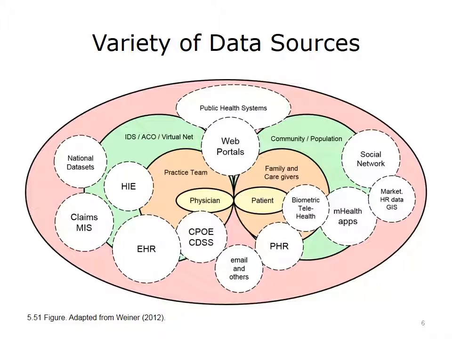Web portals for patients and families. Personal health record, PHR systems. Biometric and telehealth systems. Mobile health apps and ecosystems. Social networking data. And others, such as marketing, human resources, and geo-bound information.